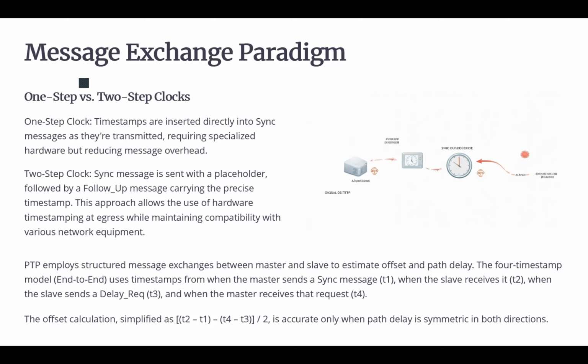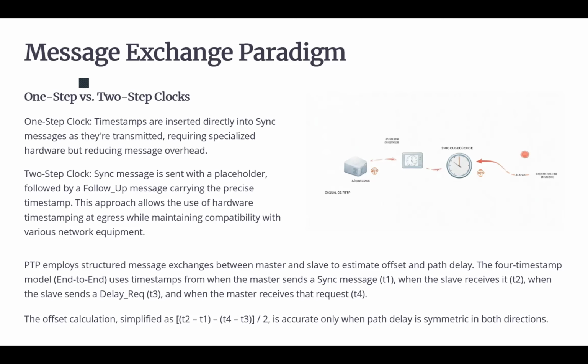On the other hand, we have the two-step clock paradigm. That one first sends the synchronization message, and then it follows with a separate follow-up message. That follow-up message contains the accurate timestamp.